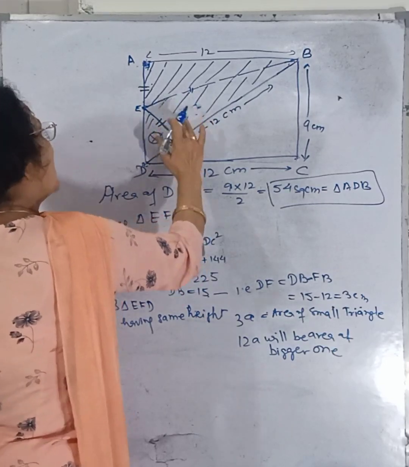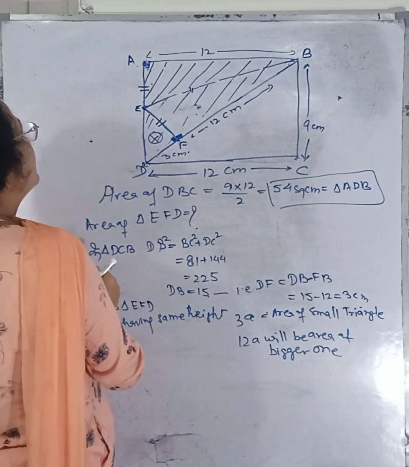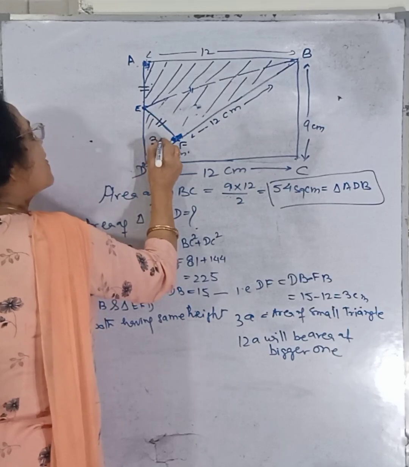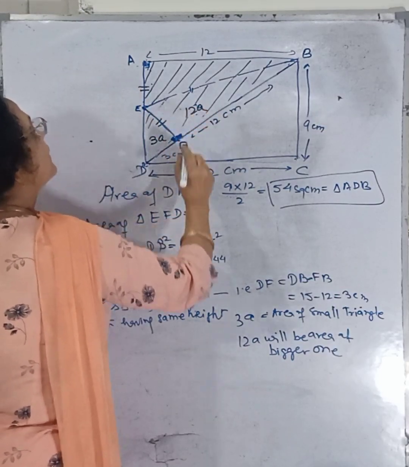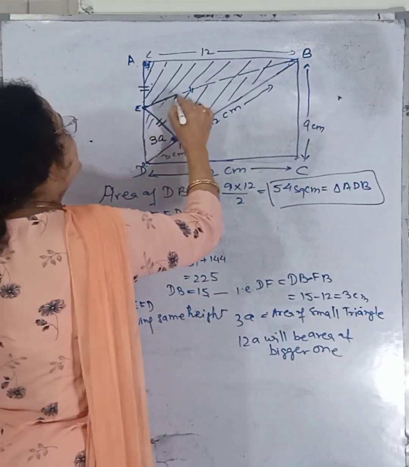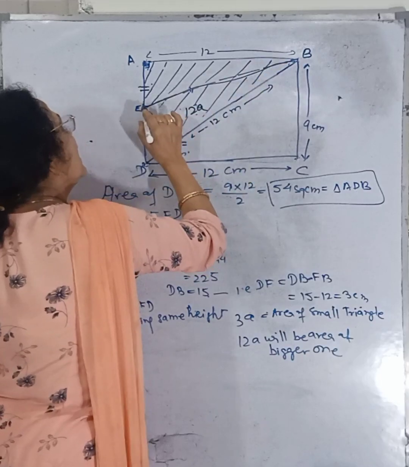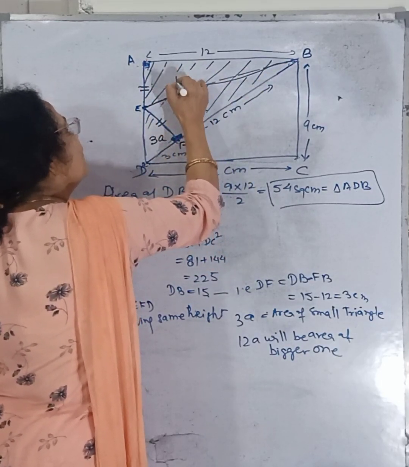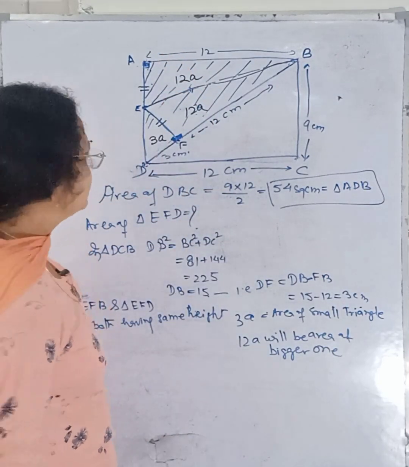Let us write with black color so that it will be very clear to you. The area of this is 3A, then this will be 12A. Because the two triangles EFB and EAB are congruent, the area of this triangle will also be 12A.